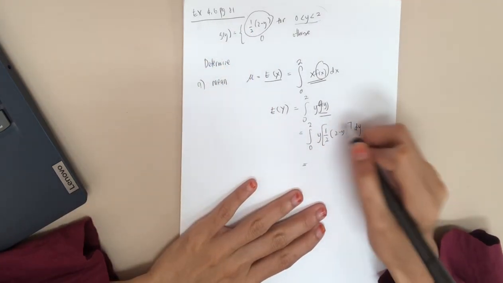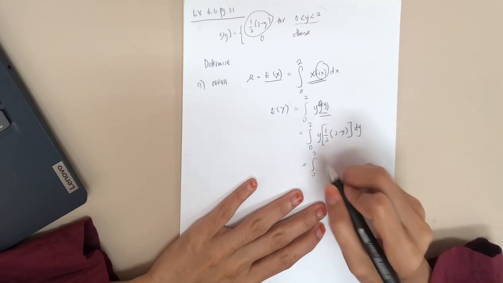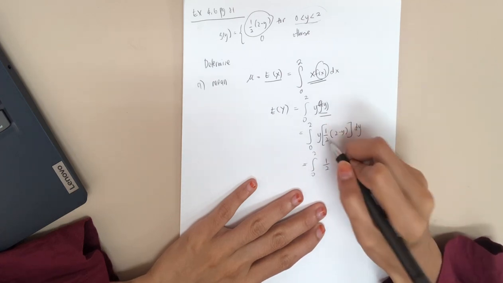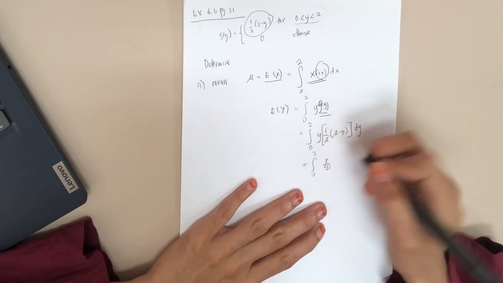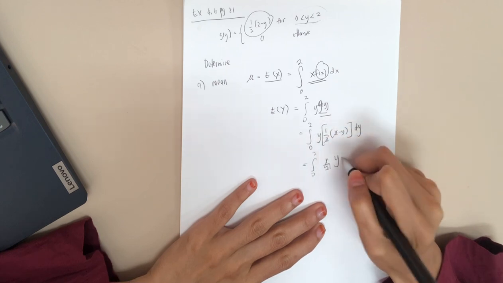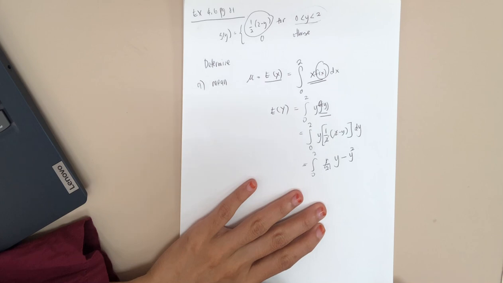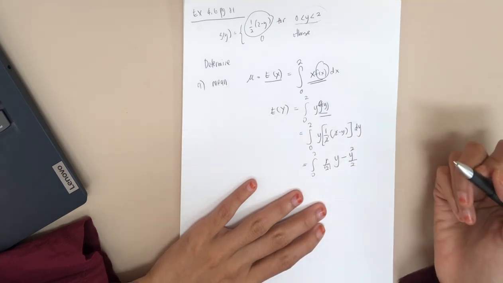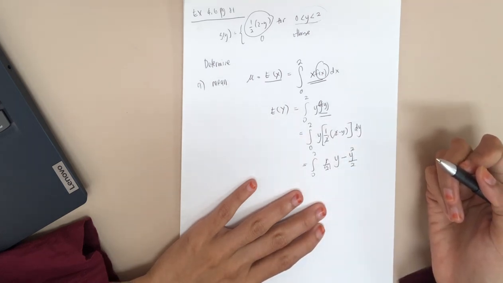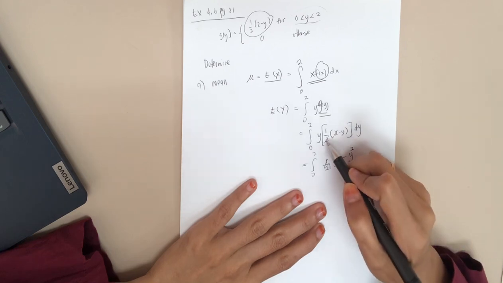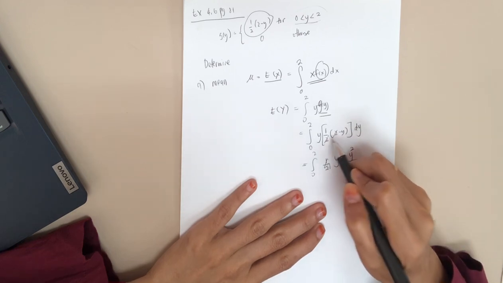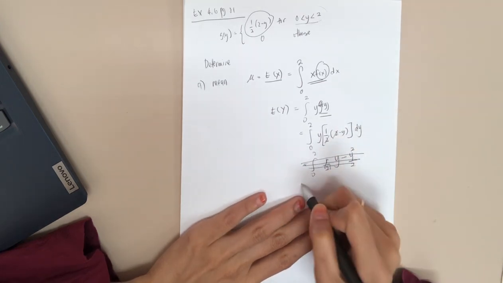So simplify inside the bracket first. They have 1/2, sorry, 2 cancel, so they have y minus y square over 2. Careful, class. Make sure you cancel carefully. You cannot simply cancel these two and these two. Actually, let me do it again.